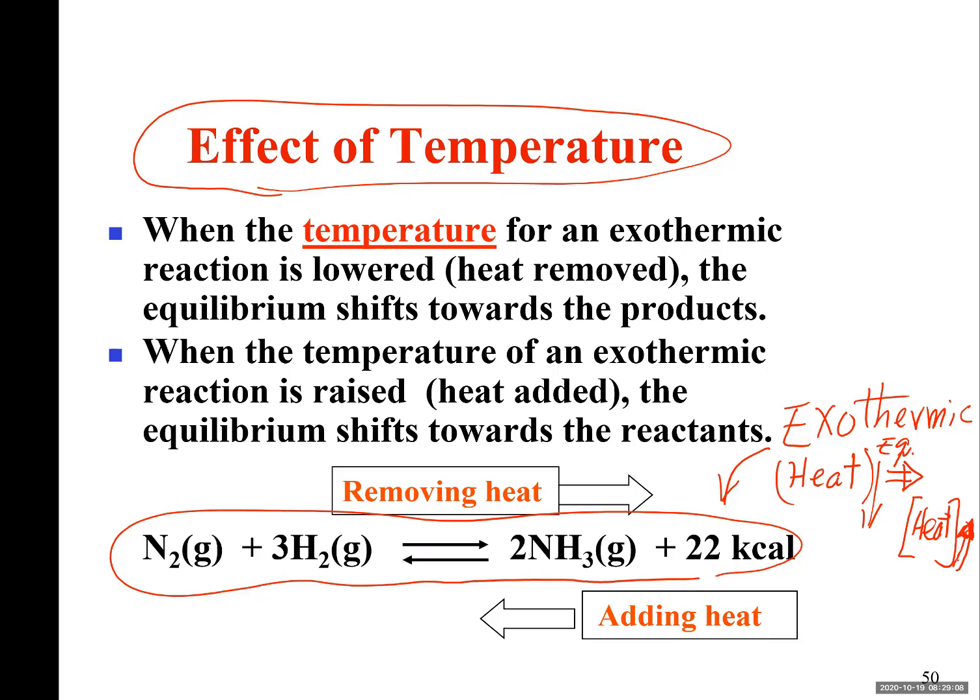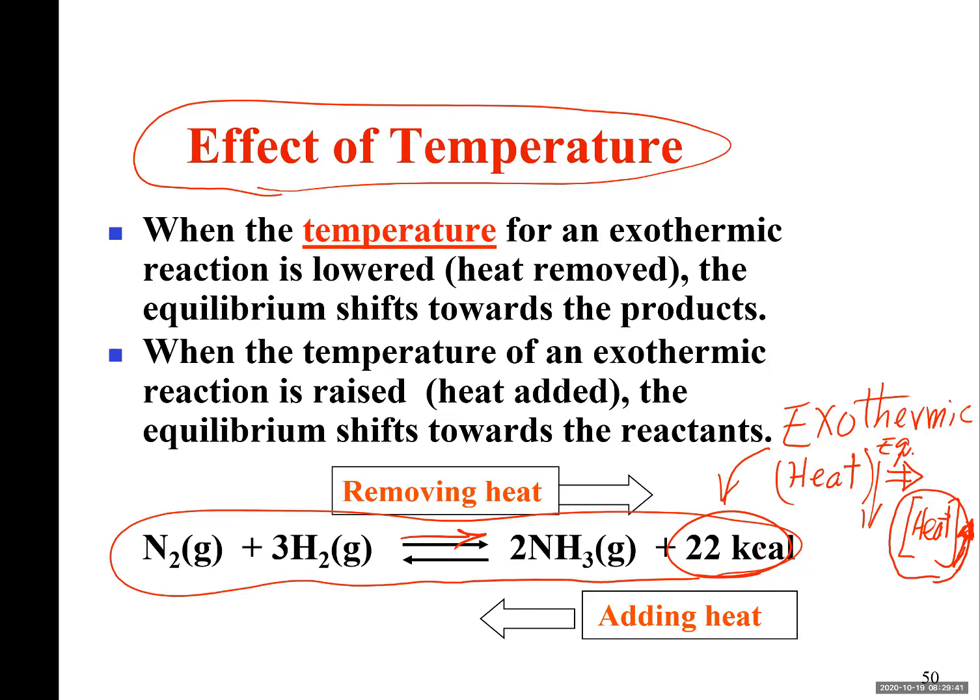And we said the only things which are open for an equilibrium is to shift either to right or left. Go forward or go reverse. These are the only things it will do. Which direction should the equilibrium shift to make more heat? Well, can I say going from left to right is going to produce more heat?